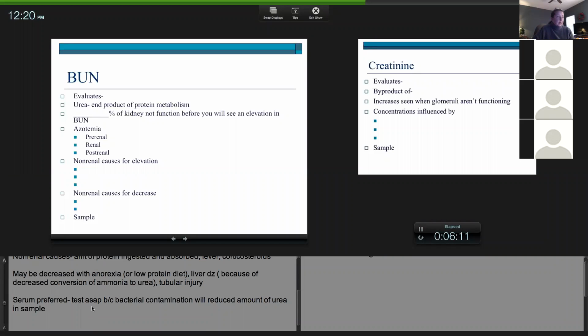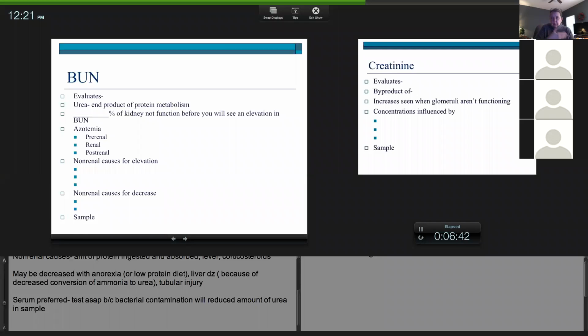The other thing to think about is that if there is bacteria, it can sit, and the bacteria can consume urea, which will falsely lower it. So again, common theme, try to get these samples either assessed or refrigerated, that is going to be your best bet.